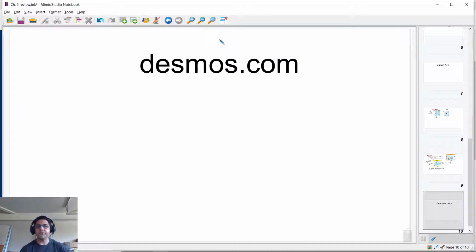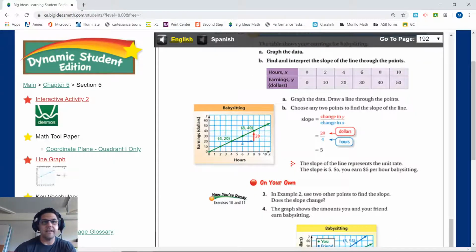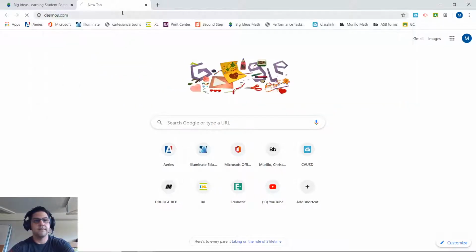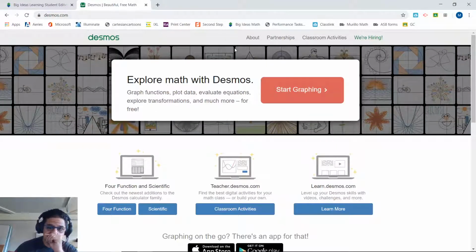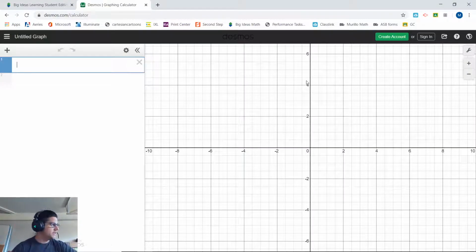All right, last thing I want to show you is Desmos.com. For Desmos.com, again, we can go ahead and start graphing. This allows us to check our graphs later on, but more importantly, it allows you to go a little bit quicker on your assignment.